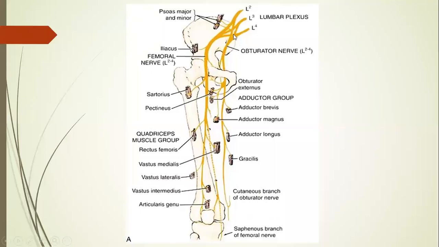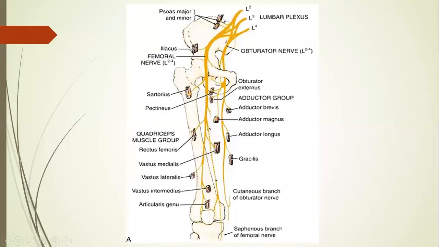Last time, one student asked whether the psoas major is supplied by the lumbar plexus or not. Yes, you can say that the psoas major is supplied by branches of the lumbar plexus, but in a very simple way, you can say they are supplied by separate branches that arise from the first, second, and third lumbar nerves.